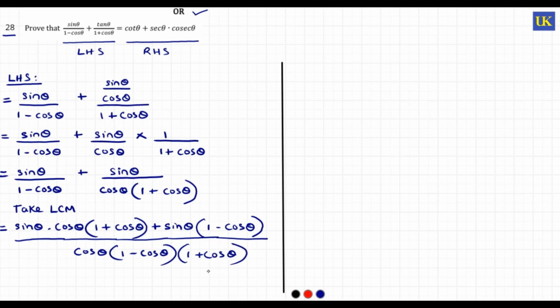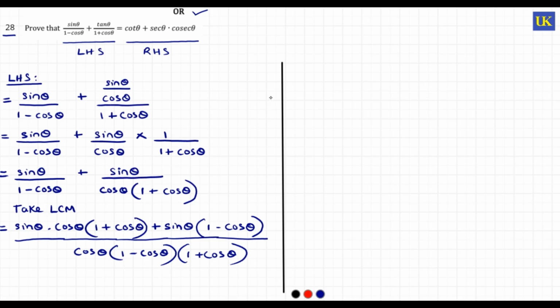Alright. So now if we see here, we can apply a minus b into a plus b is equal to a square minus b square. So here we can apply this formula.